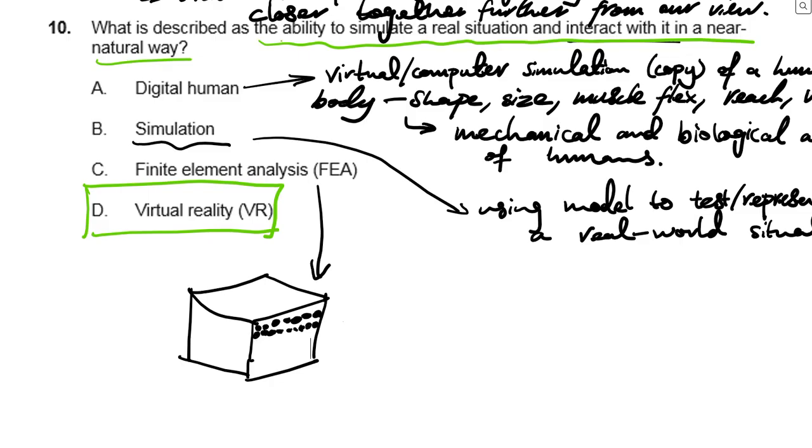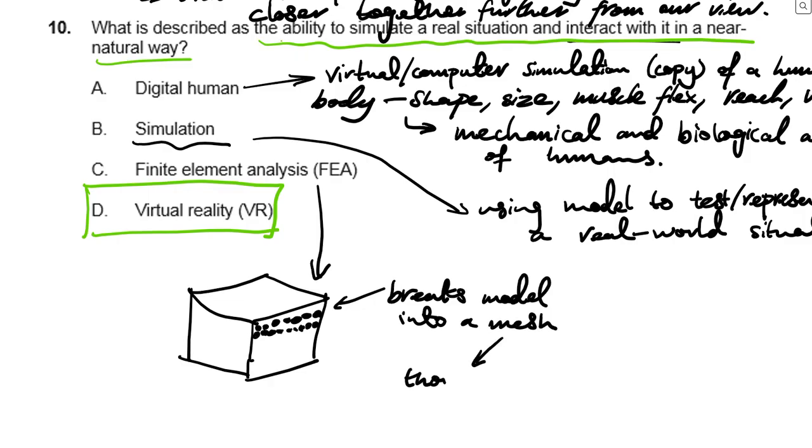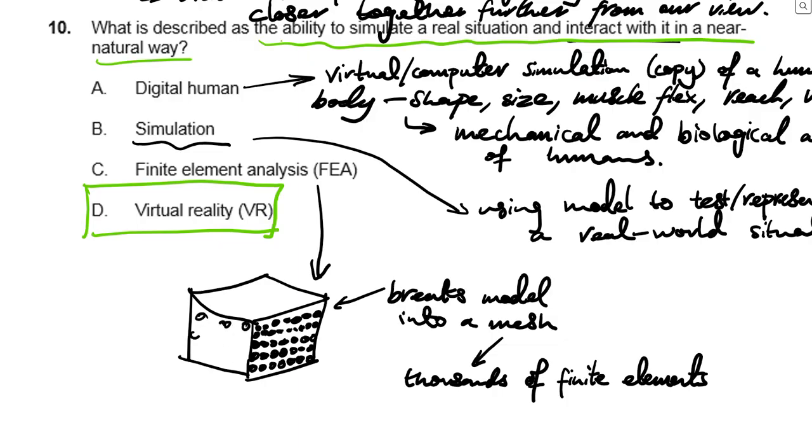It breaks a model into a mesh, which means thousands of small finite elements, which is like atoms or just small pieces of the model. And then it looks at how those small pieces interact with each other when you add a weight, when you test injection molding, for example. And so this is all throughout, right? These are finite elements.